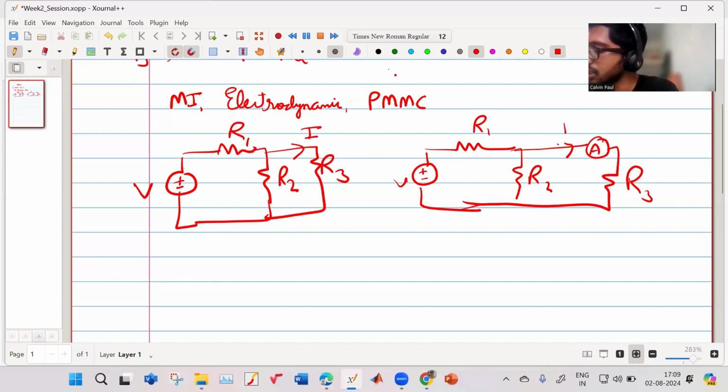Now you want to check what the current is. You will see through the ammeter's deflection.